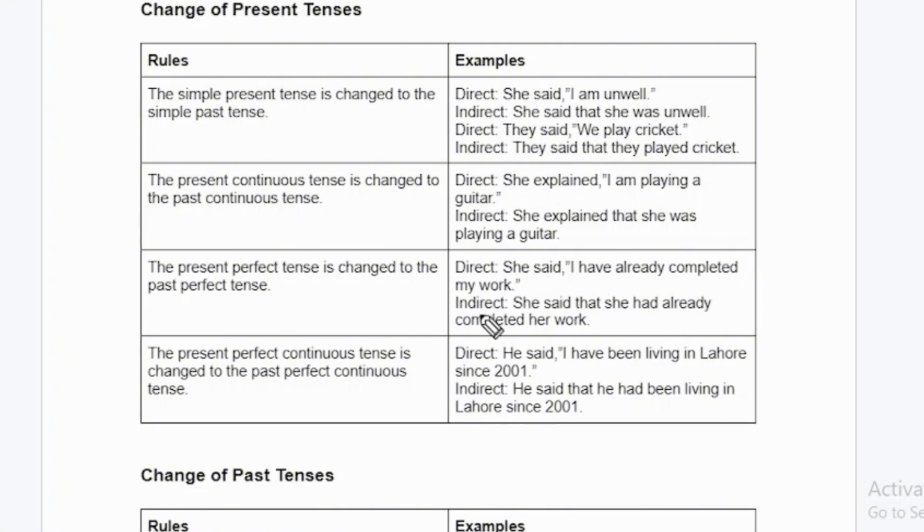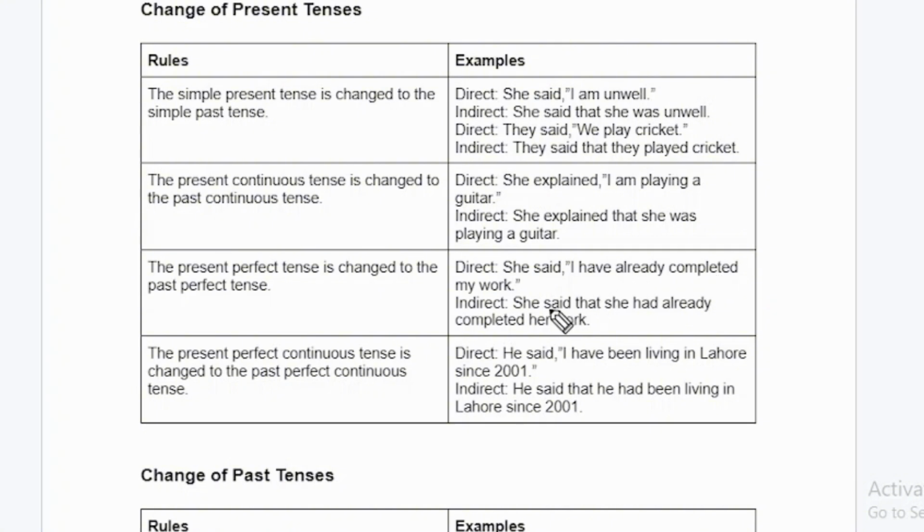So in the indirect sentence, what will we do? We will use "had." I think you know about the past perfect tense. So you will use "had" over here, "already" will be there, and we definitely use the third form of the verb.